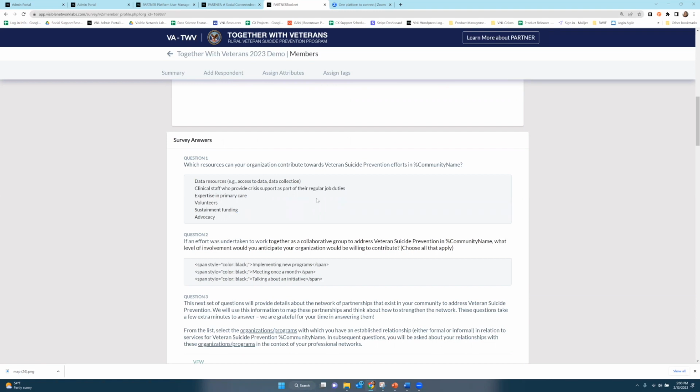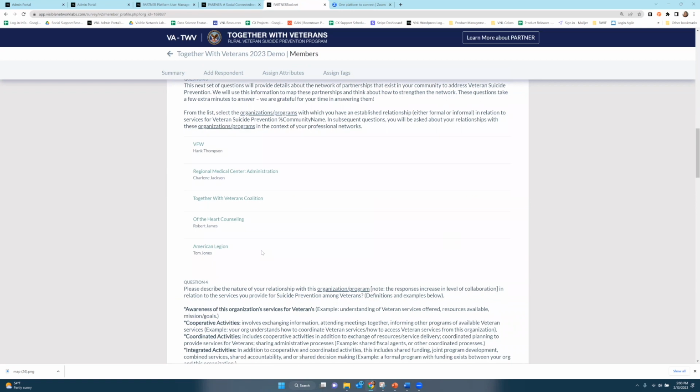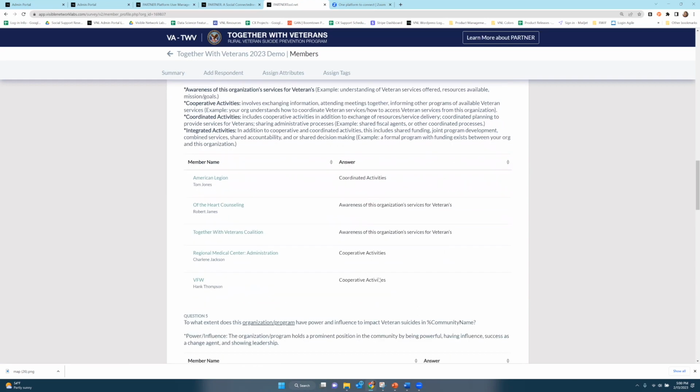Would you be able to see if anybody would be willing to help out with this event that we have coming up? And so you can use this information to leverage the resources that everybody is bringing, but also look to see, okay, they're really coordinated with the American Legion, but they're really only aware of Together with Veterans. So how can we bring them more integrated into the work that we're doing?